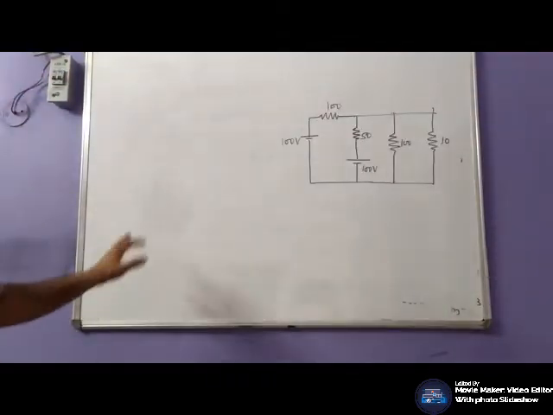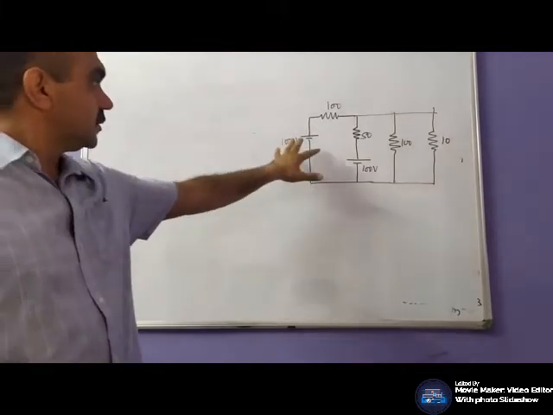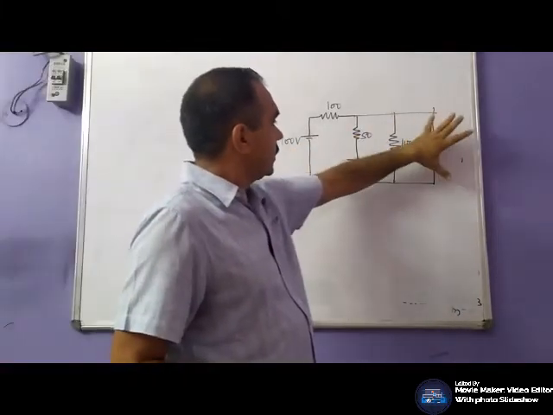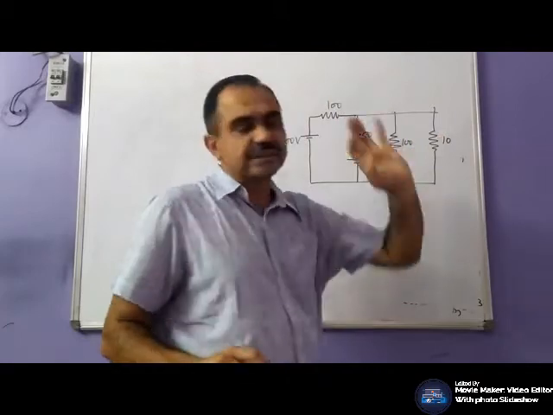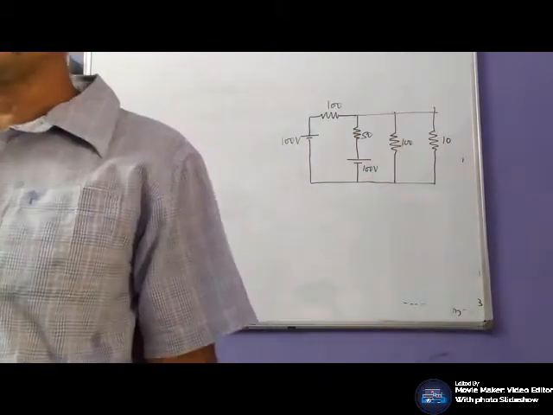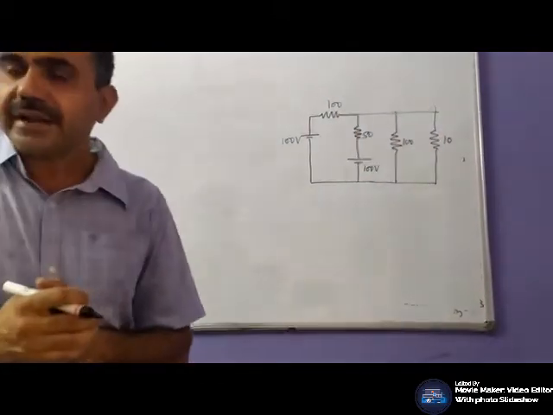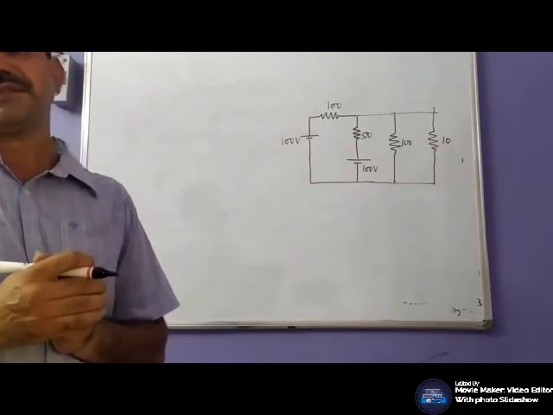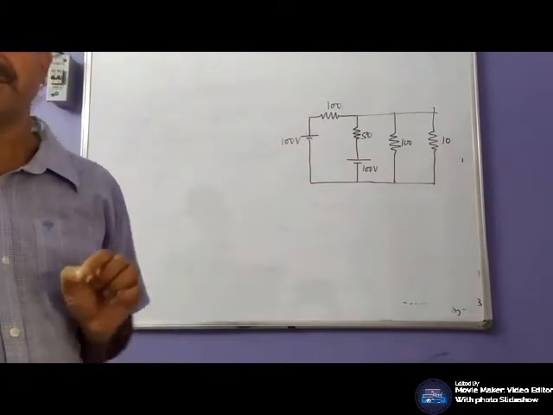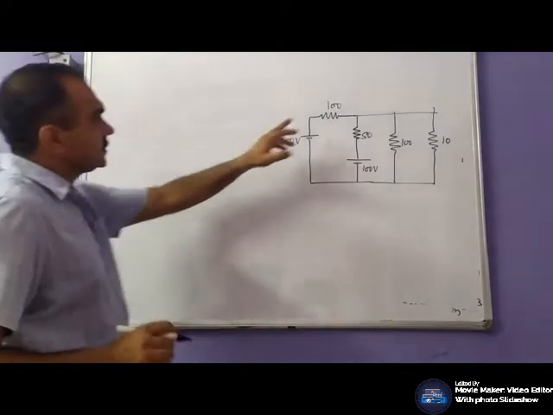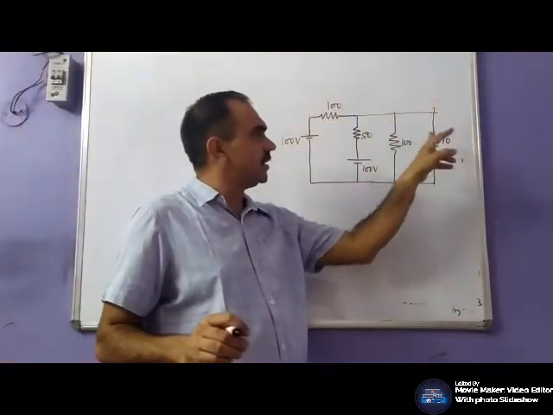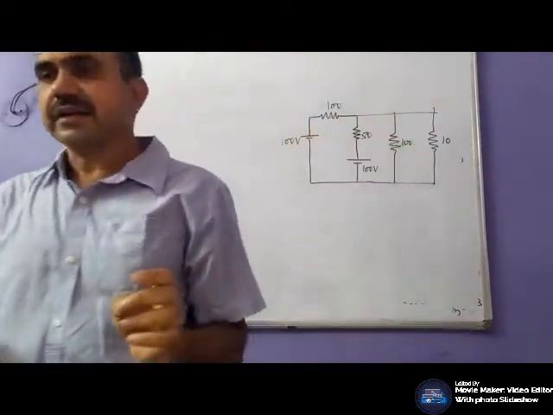We have to find out the voltage across this 10 ohm branch, or we can say the current across this 10 ohm branch, using Millman's theorem. These 100 ohm, 50 ohm, 100 ohm, 10 ohm are the resistances.